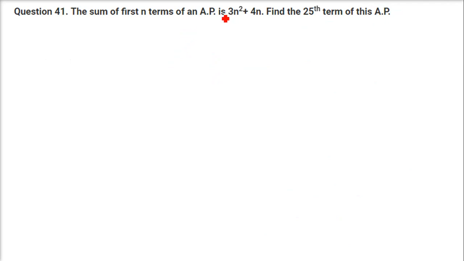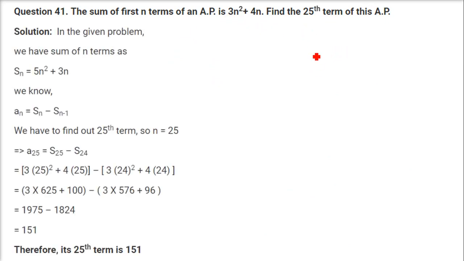The sum of the first n terms of an AP is 3n square plus 4n. Find the 25th term of this AP. We have already seen how to do it in two ways, so either way you can do it. We'll take the first method. The nth term is always equal to the sum of n terms minus the sum of n minus 1 terms.